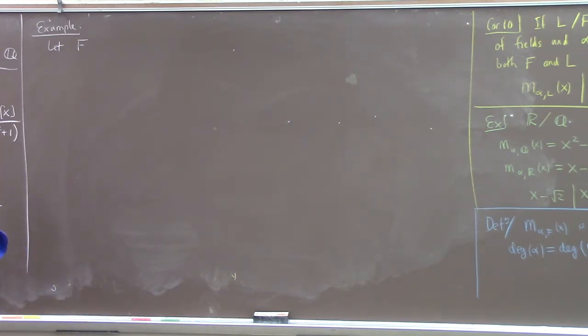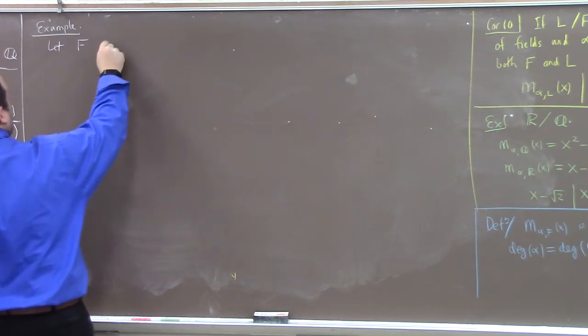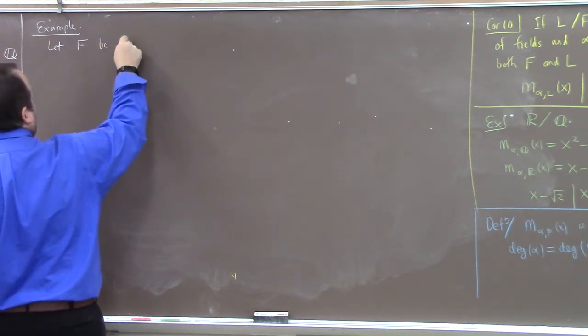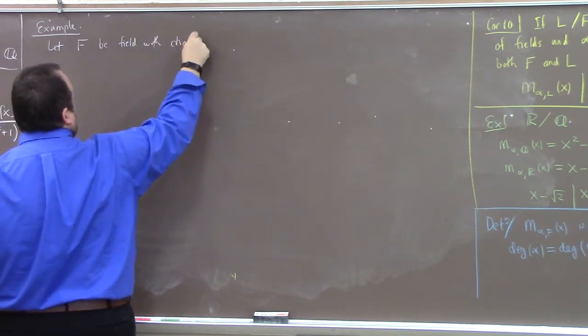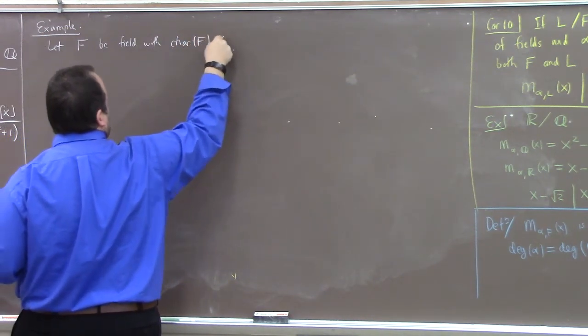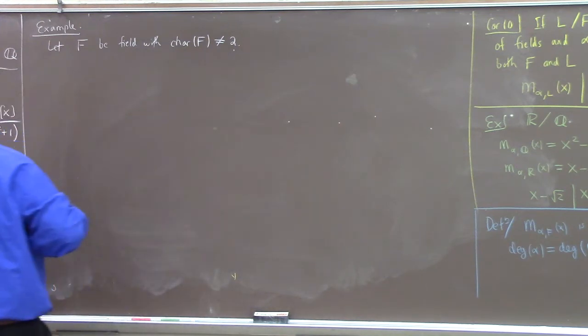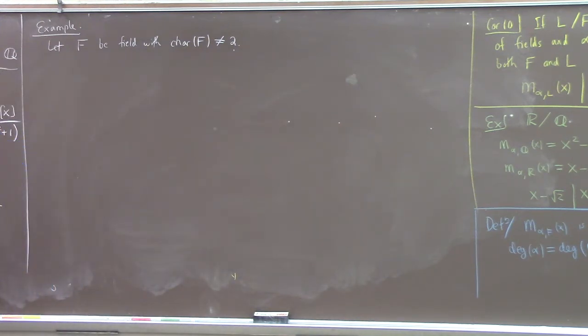So let F be a field of characteristic not equal to 2. Characteristic 2 is its own annoying set of problems, all right? For example, any characteristic 0 field certainly fits the bill here. And let K be an extension of F of degree 2.